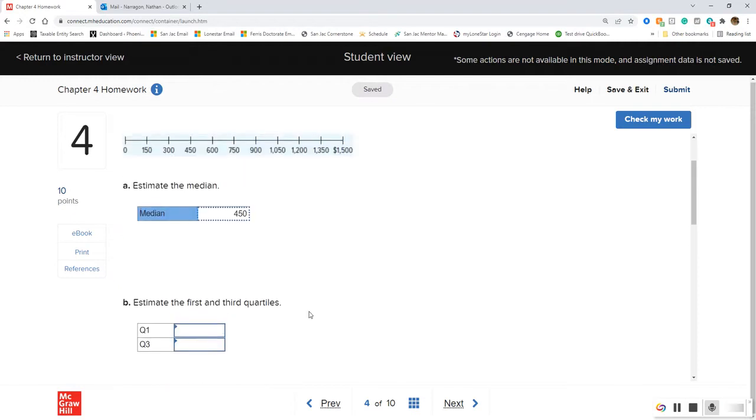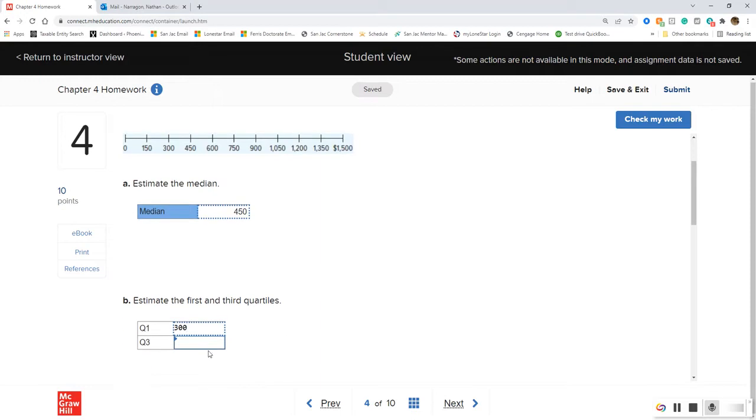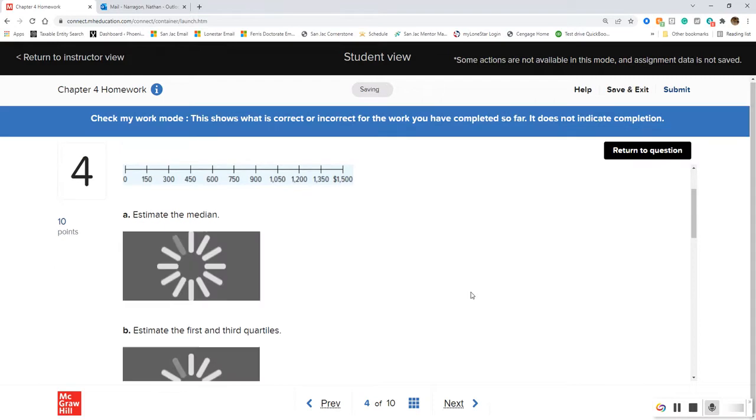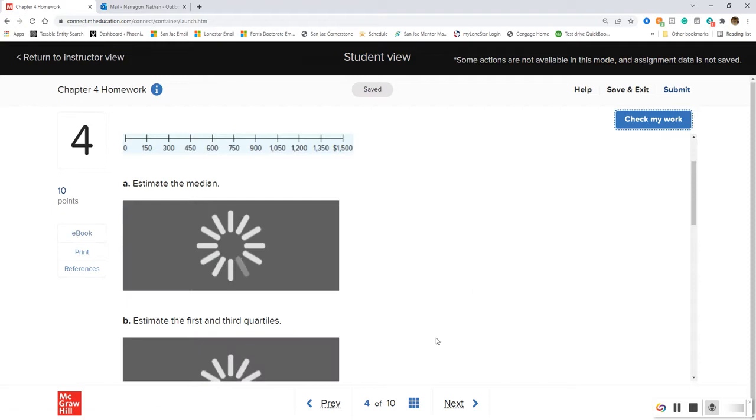Estimate the first and third quartiles. Again, these are going to be basically the ends of the box. So the first one is going to be 300. And the third one is going to be 750. Again, keep checking. All right.